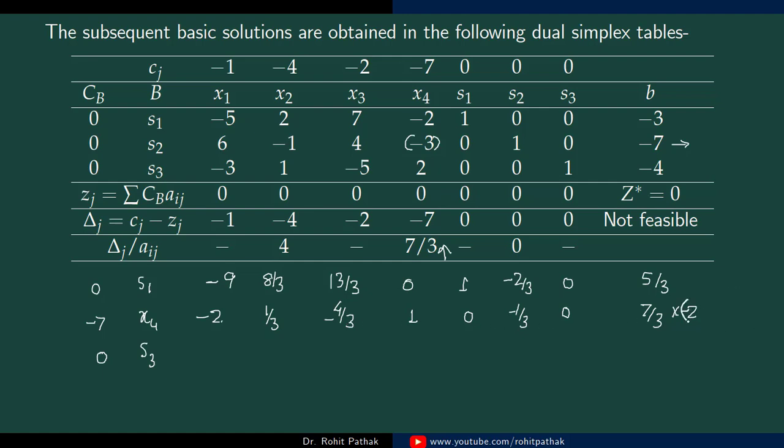So I am multiplying by minus 2 and then adding this row to this last row. So multiply by minus 2. So minus 2 into minus 2, 4. 4 plus minus 3 is 1. Okay. Then minus 2 into this 1 by 3 minus 2 by 3, minus 2 by 3 plus 1 is 1 by 3.